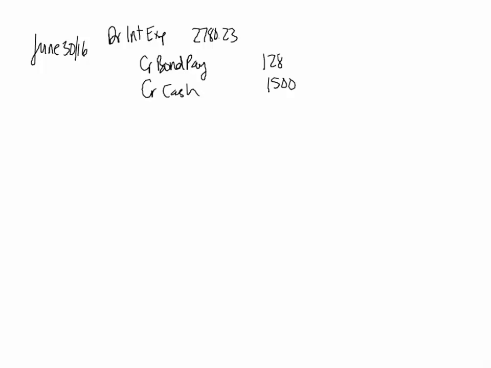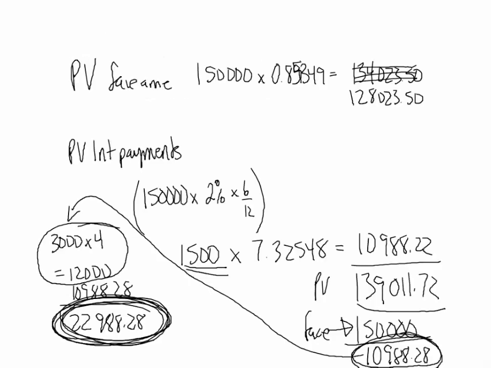We're going to do a credit to cash for the $1,500 that we're actually going to pay the investors. We're going to do a debit to the interest expense of $2,780.23, and we're going to do a credit to the bond payable. So remember, we're increasing the value of the bond payable by $1,280.23.